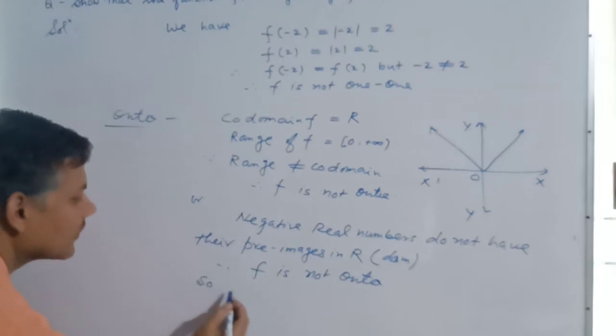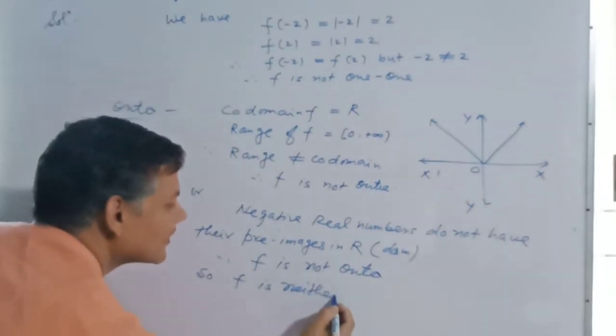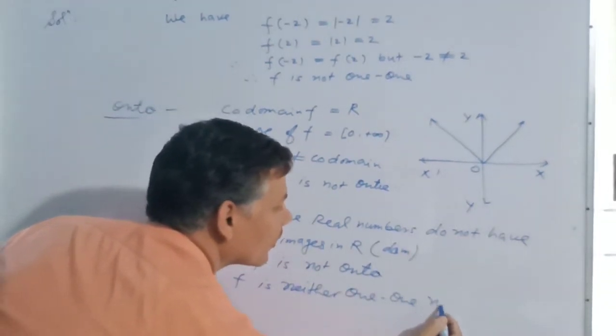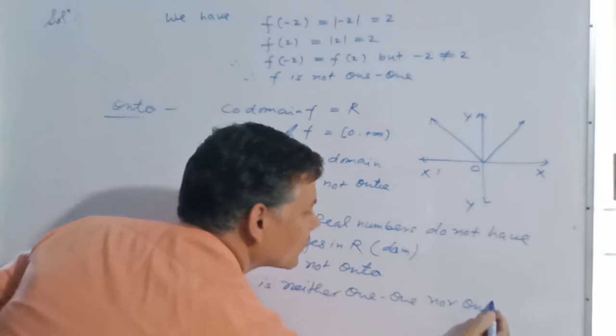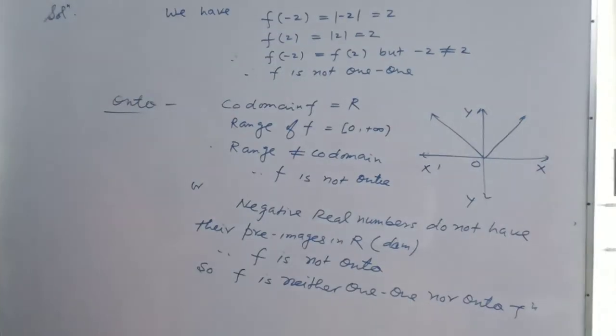So f is neither one-one nor onto function. This is about the modulus function.